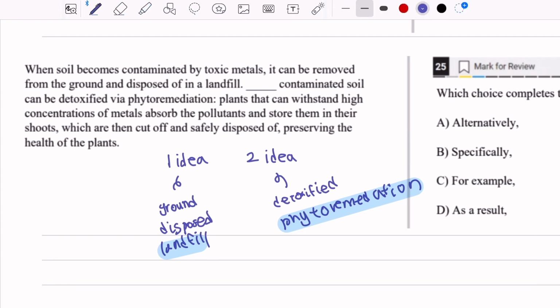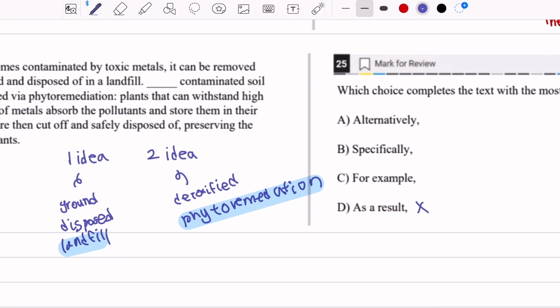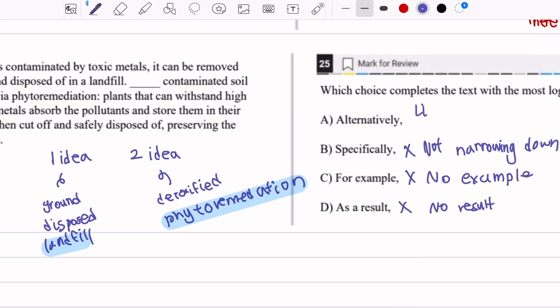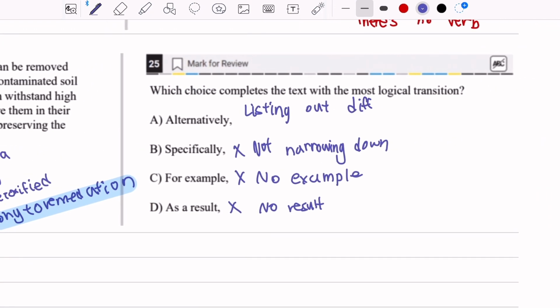So it's not research because there's no research in the context, and it's not specifically because it's not narrowing down. And it's not the example because there's no example. It's just kinda listing out different ideas, right? Listing out different ideas.